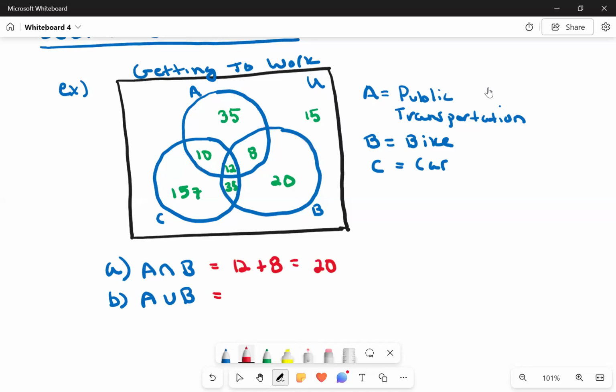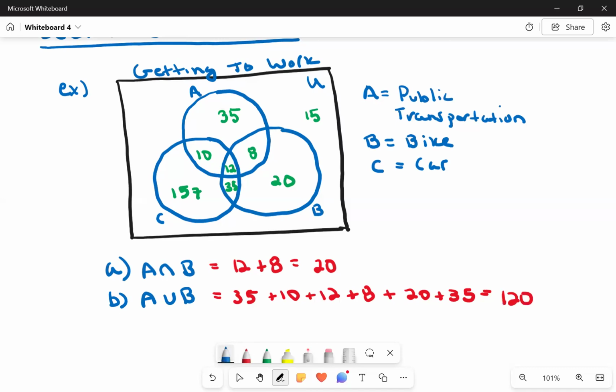From A, that's 35, 10, 12, and 8. And from B, we also have 20 and another 35. Grab your calculator and add those up. When I added them up, I ended up with 120.